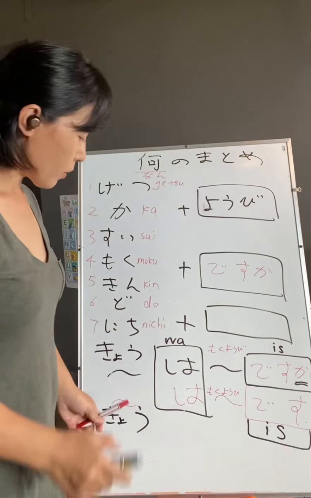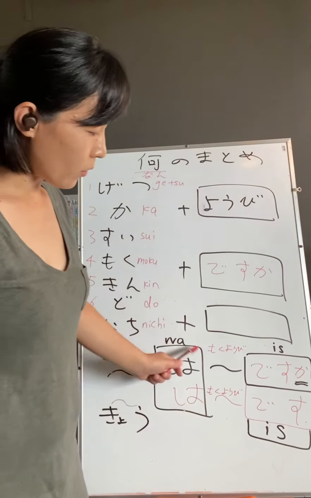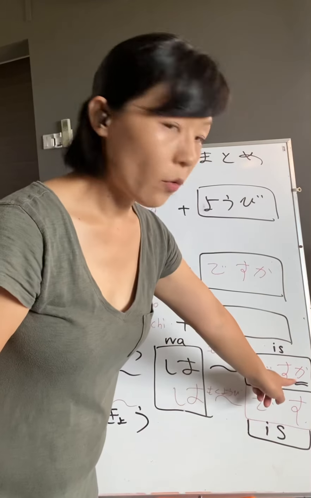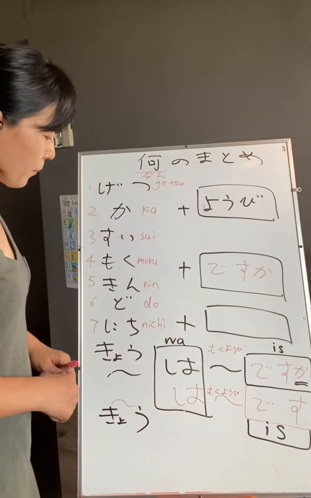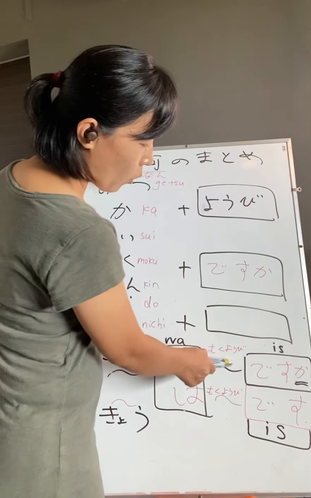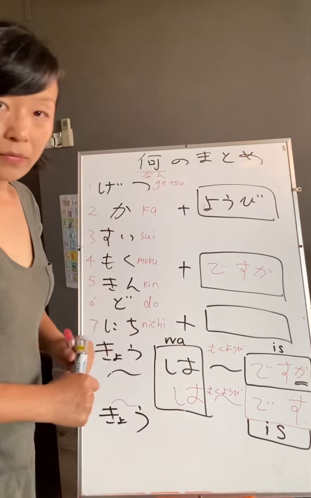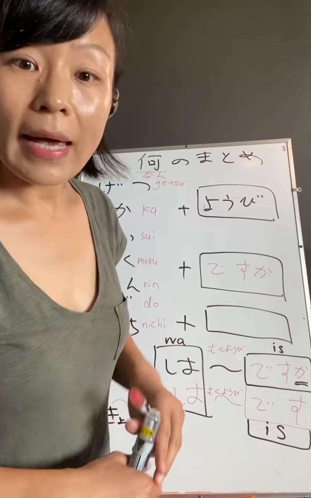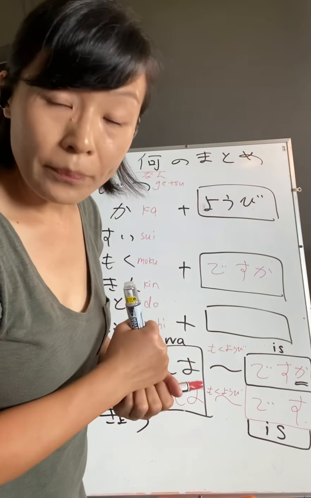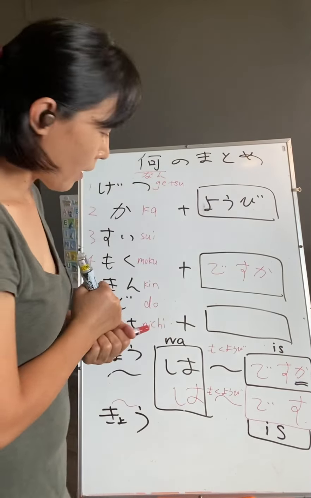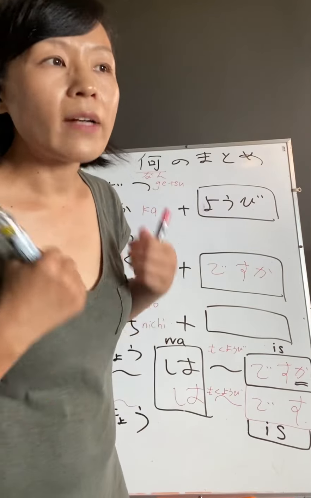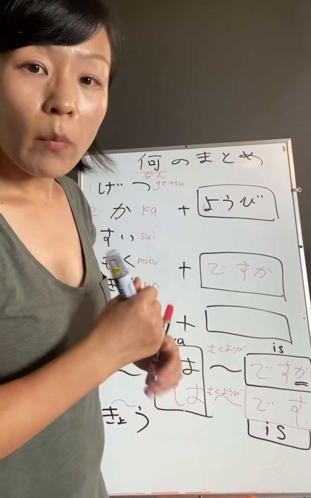These two sentences look the same except for the question word ka behind. So kyou wa mokuyobi desu ka? With the ka, that means is today Thursday? If today is Thursday, we can directly just say hai mokuyobi desu.